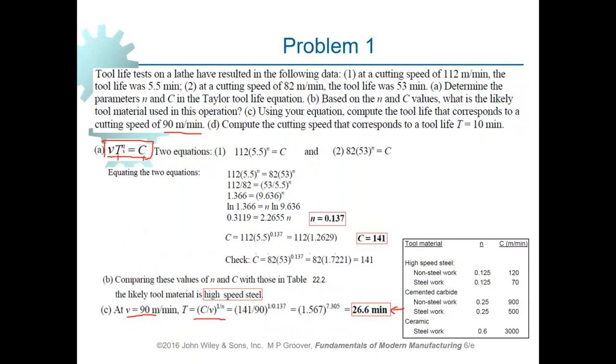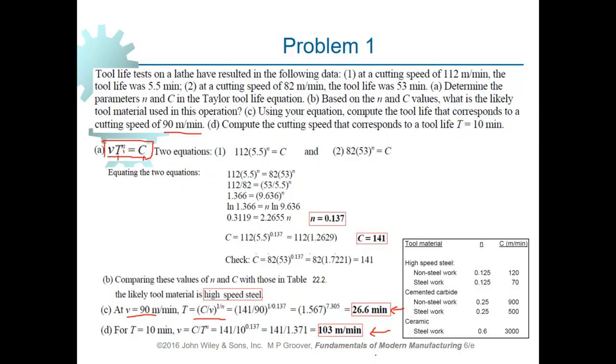So the only remaining parameter to be computed is cutting speed. We substitute the values in the equation, and that gives us a cutting speed of 103 minutes. So on the basis of this given tool life, we can compute the value of cutting speeds.